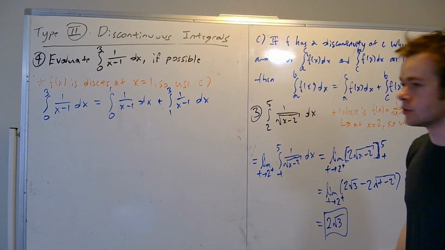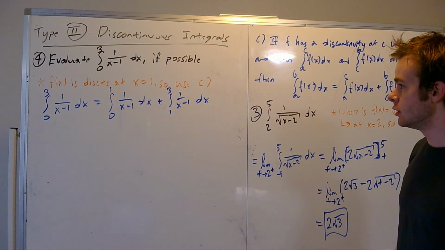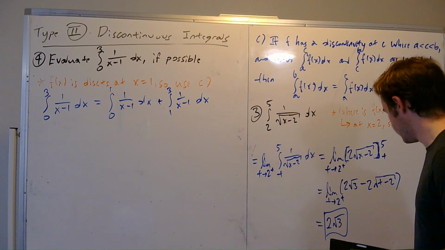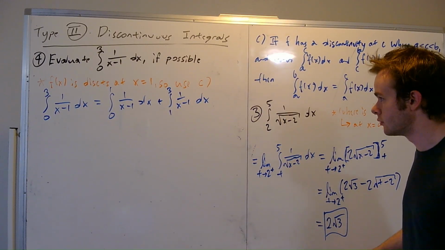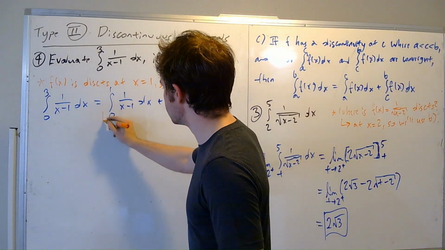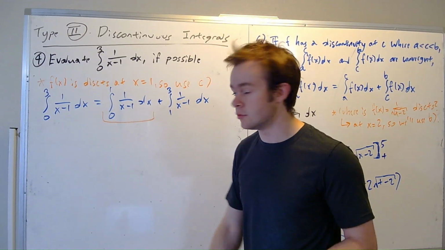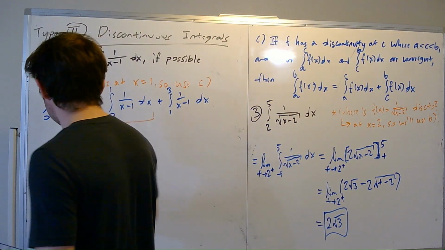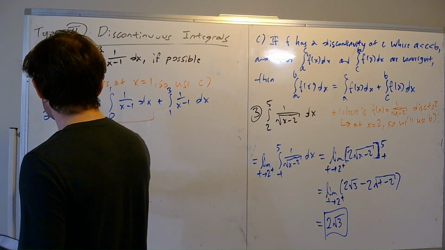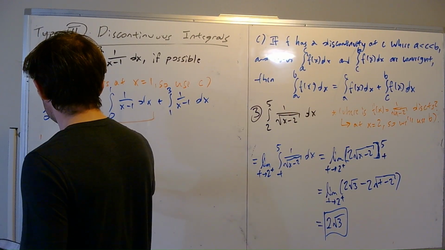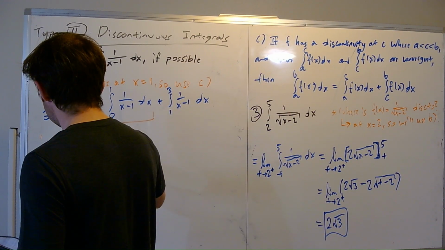Okay. So we can break it into these two parts, and now we can just look at each part. I'll look at this first integral. So we're going to try to solve the integral from 0 to 1 of 1 over x minus 1 dx.